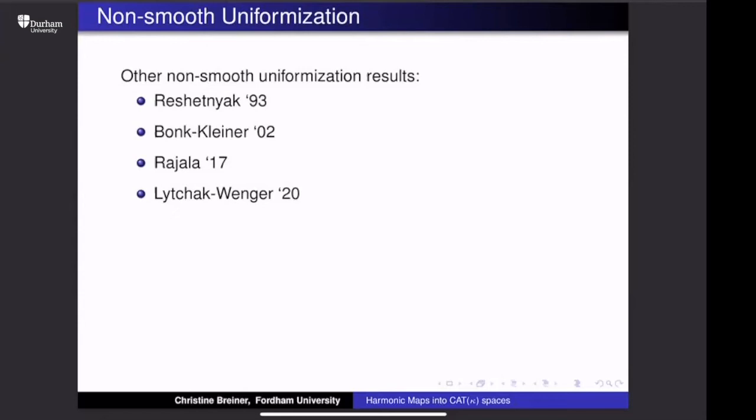Bonk and Kleiner proved that if you have Ahlfors 2-regular and linearly locally contractible, then you have a quasi-symmetry with the sphere. So some conditions on a sphere give you a quasi-symmetry, which is somewhat related to quasi-conformal. And then recently there are 2 newer results, Rajala and Lytchak-Wenger, which prove results somewhat similar to ours, but in a completely different way.